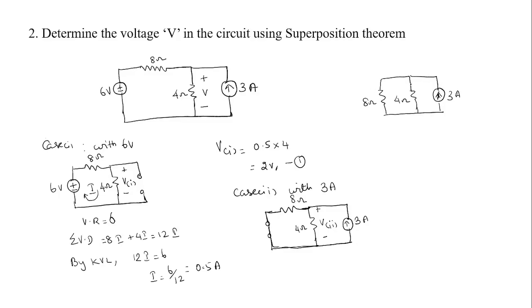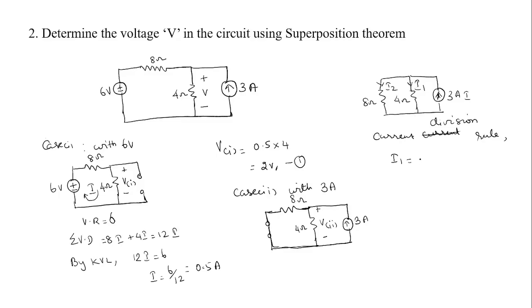Now we can apply the current division rule. Whenever two resistors are in parallel, we can find the current using the current division rule. Suppose this is I1, this is I2, and this is the total current I. We need I1 only, because we have to find the voltage across the 4 ohms resistor.